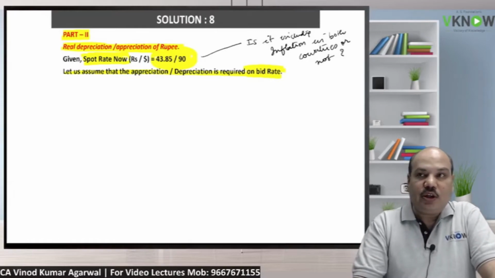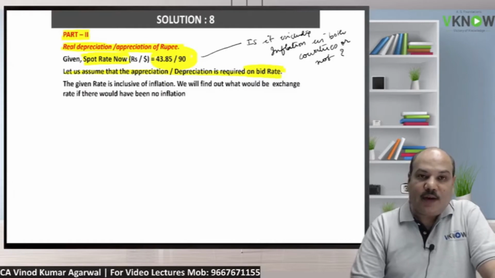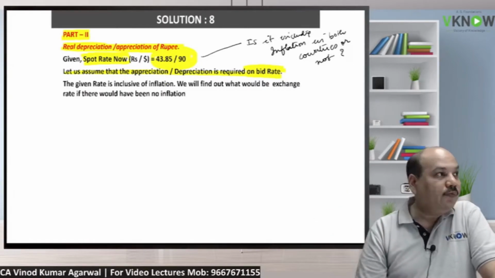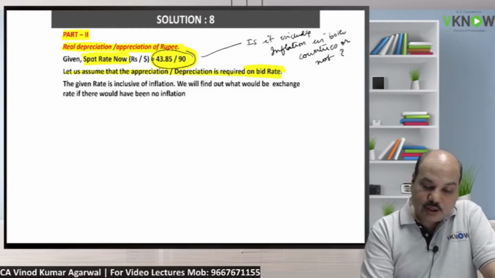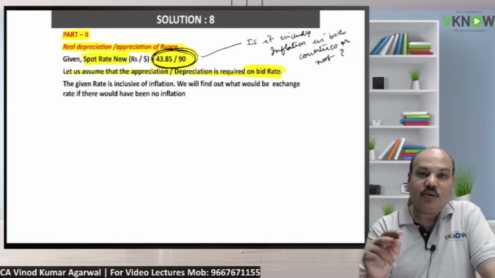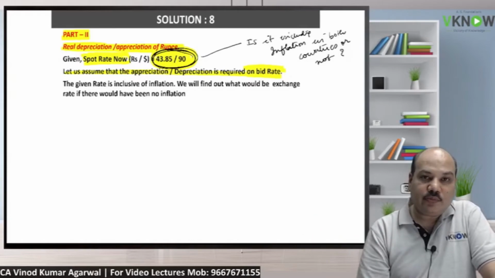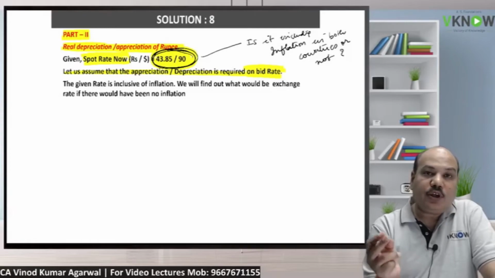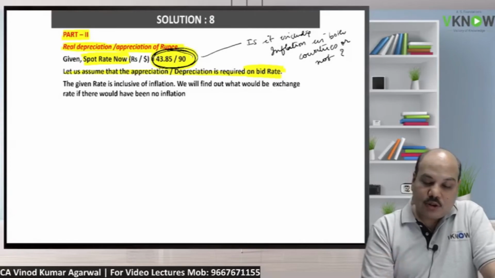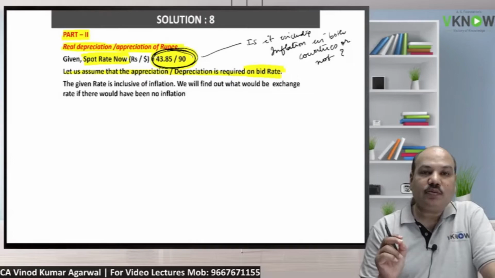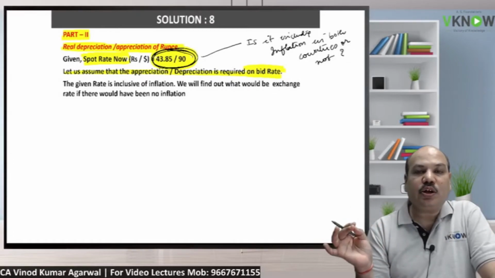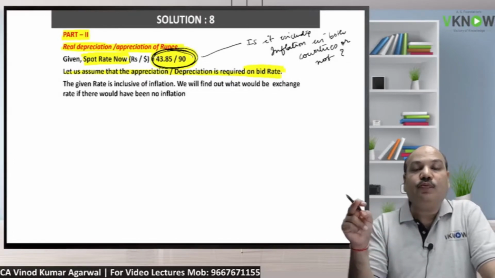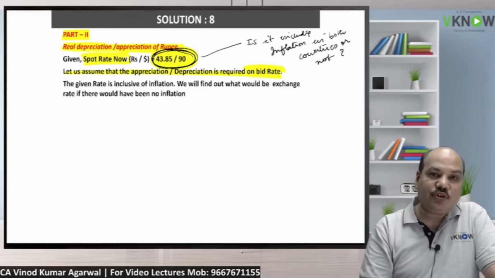So the exchange rate given to you always is after considering the effect of inflation. That means the rates have moved keeping in mind the inflation in two countries. So we have to find out if there was no inflation. If there was no inflation, suppose inflation is zero in both countries, then what would have been the exchange rate?